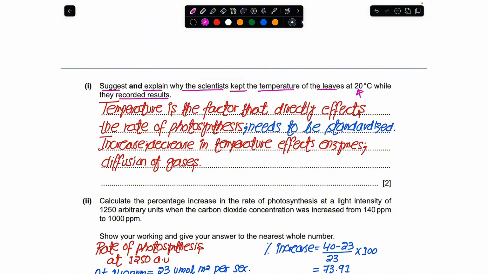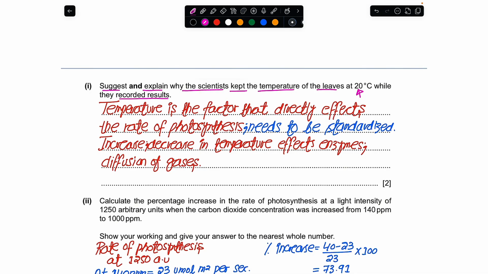Now, what your approach should be is that the external factors that can affect the rate of photosynthesis are the temperature, the light intensity, and the carbon dioxide gas concentration. Now, since in this investigation we are overall looking at the effect of the light intensity, the light intensity should change.